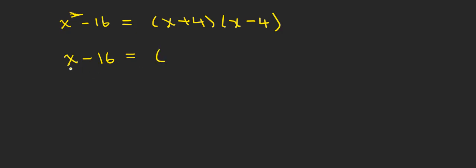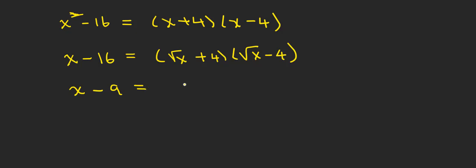Well, you could say, what's the square root of x? It's radical x. And the square root of 16 is 4, so radical x plus 4 and radical x minus 4. What if it was x minus 9? Then it would be radical x plus 3, radical x minus 3.